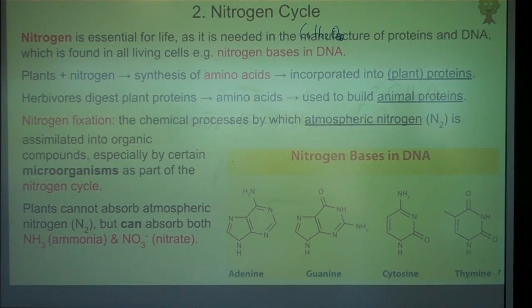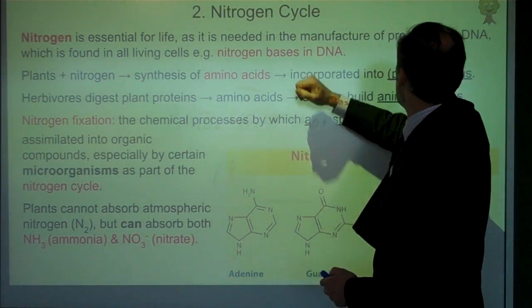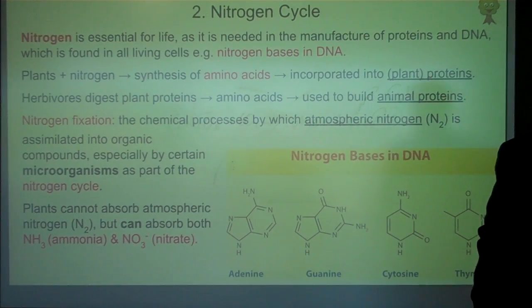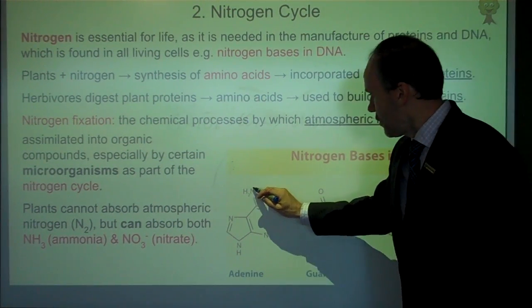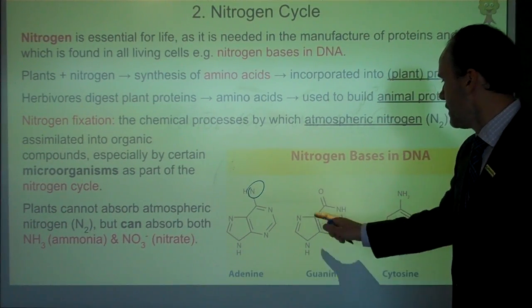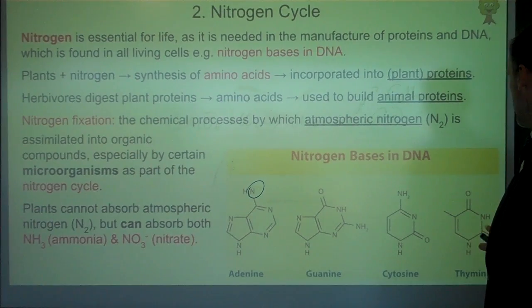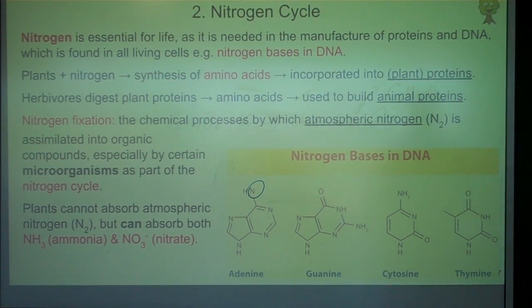The nitrogen cycle is a little more complicated, but from genetics, you know about nitrogen bases in DNA. What is that letter right there? Not a trick question. Nitrogen. Long story short, all living things on Earth have DNA.